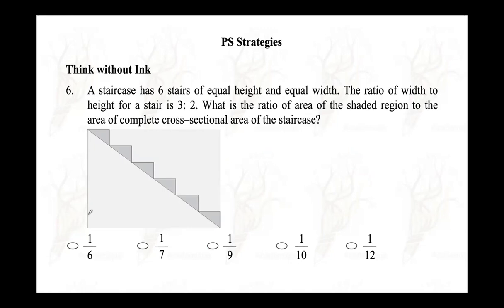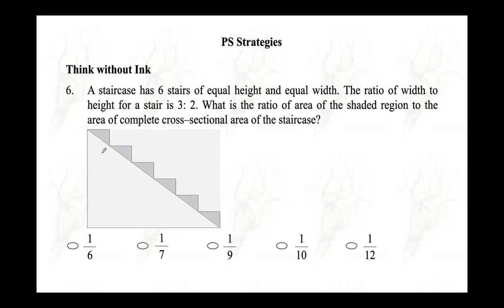This is one question which came as a geometry question, and a lot of people actually tried to apply geometry, saying, half base into height, triangle, ratio to width of the stair is 3:2, and so on and so forth. It says a staircase has 6 stairs of equal height and equal width. So height and the width are given.